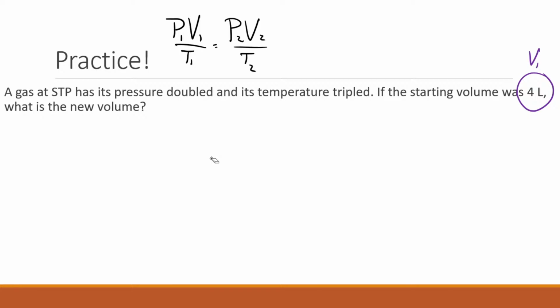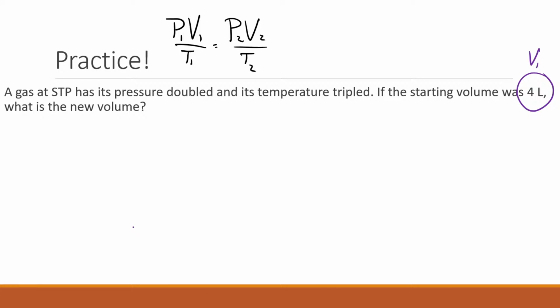And so there's actually a couple of different ways we can do this. I'm going to show you first how you plug into the formula to get the right answer. First, we're given STP. They tell us STP, and we know from our last video that STP is more than just a set of letters.